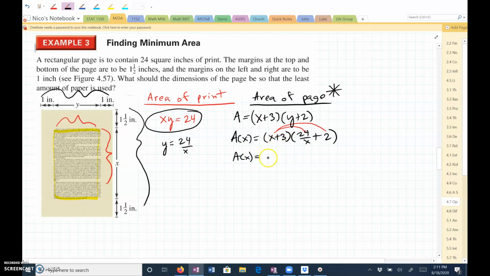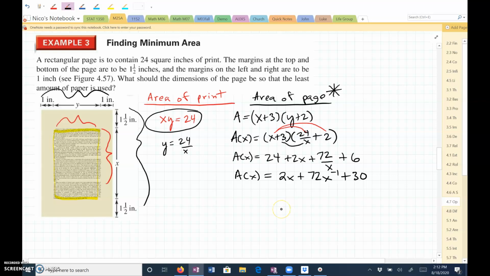A of x equals 24 plus 2x plus 72/x plus 6. A of x equals 2x plus 72x to the negative first, plus 30. That's going to be the function that we're going to work with here.